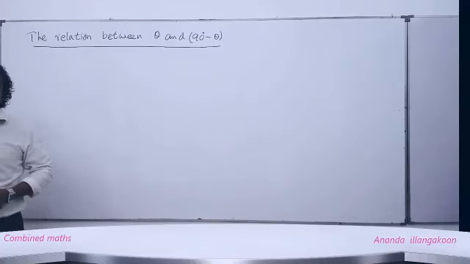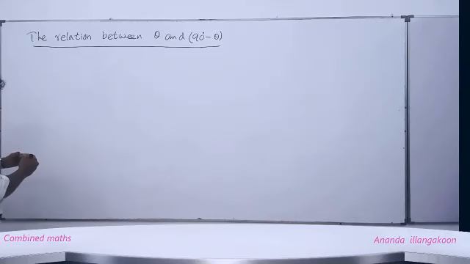Then one position of OP is making the theta angle. The second position of OP is this OP at 90 minus theta. Those two locations of OP I am going to draw now on the plane of quadrants. Okay, like this. Listen to me carefully here.